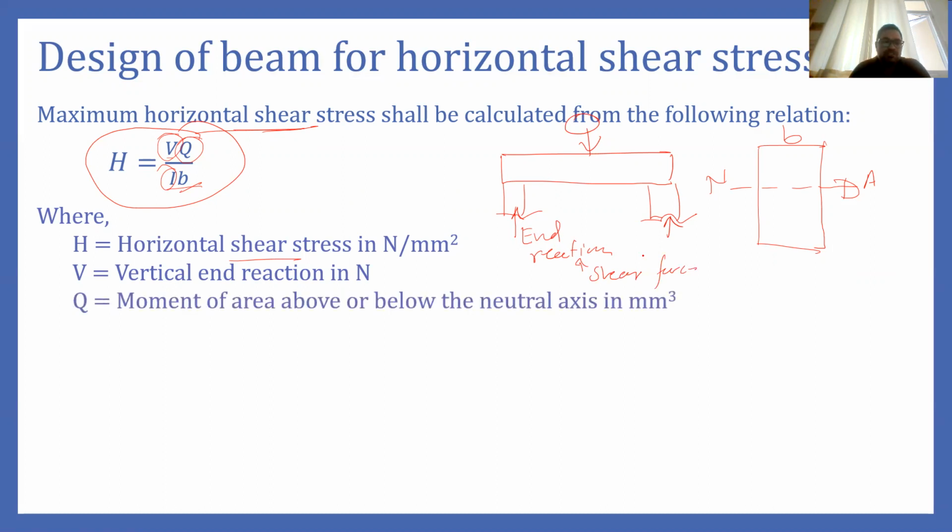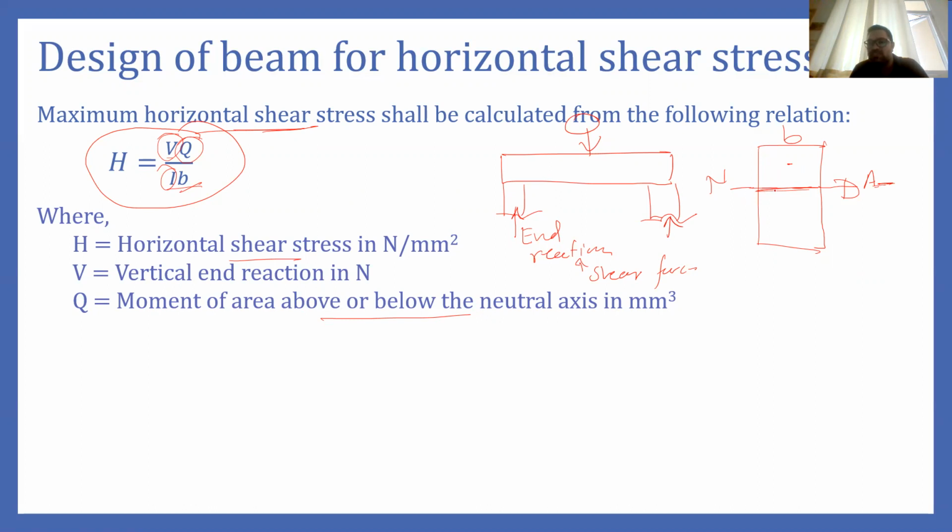And Q is the moment of area above or below the neutral axis. We know that horizontal shear stress will be maximum at the neutral axis, so we have to find the horizontal shear stress at the neutral axis level. To find the value of Q, generally Q is the moment of area above the point where we have to find the shear stress.